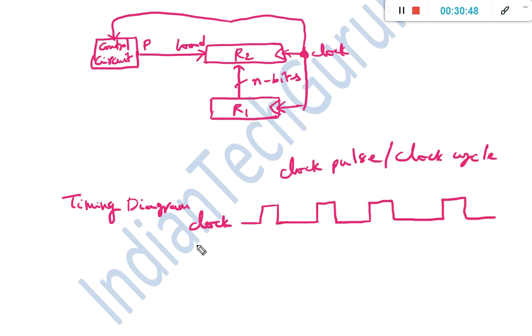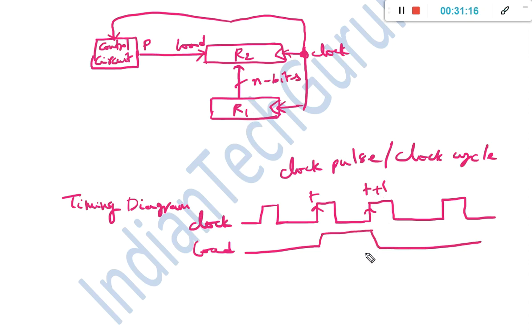So when to load the content, we are going to start the operation at a particular time t, and before the time t plus 1, perform the operation. What is that operation? Move the content from R1 to R2.